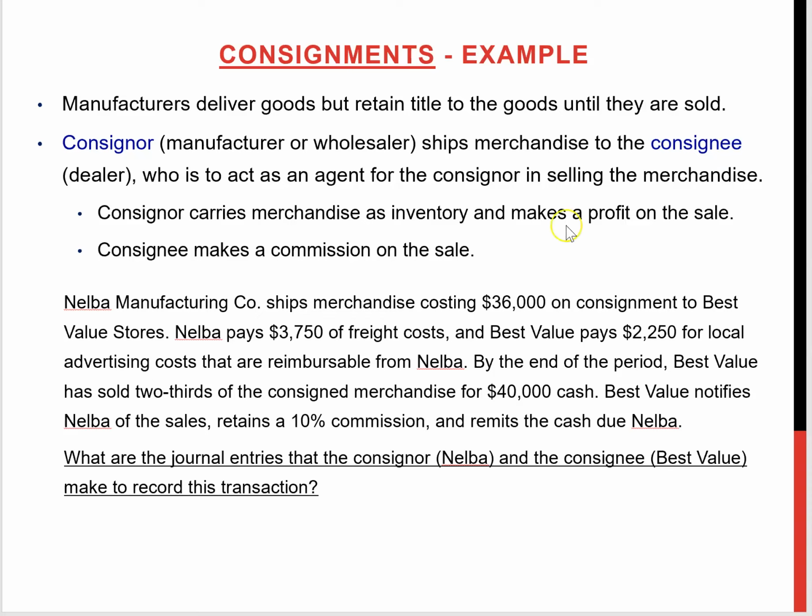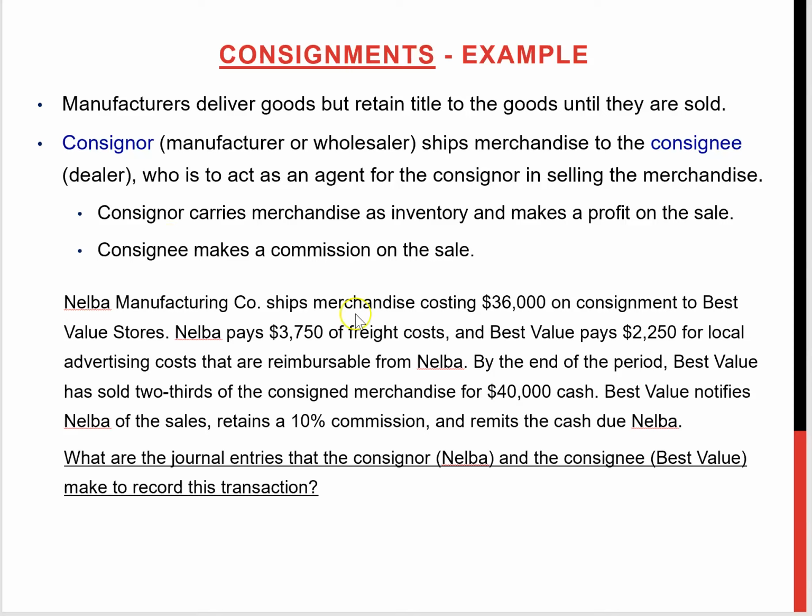So when they sell it, they receive a commission, just like an agent. So they will actually record the commission as their revenue. On the other hand, the consignor will record the sales when the consignee actually sells the product. So we will see one example and we'll see the journal entries for both the consignor and consignee.